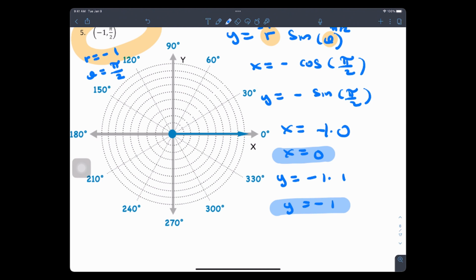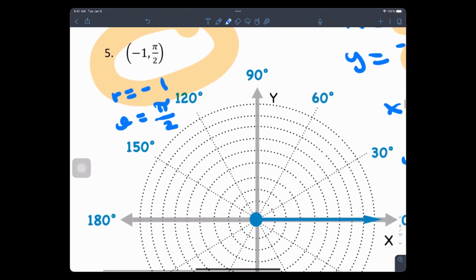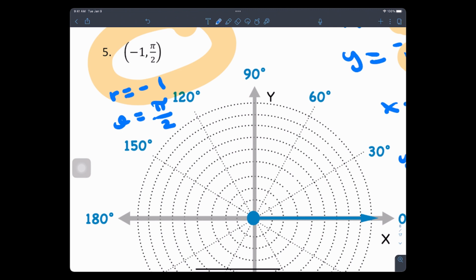Let's verify if this is okay. So how did we plot this yesterday? 90 degrees is right here. But the radius value is negative.